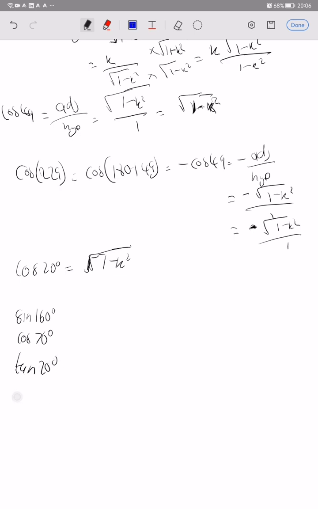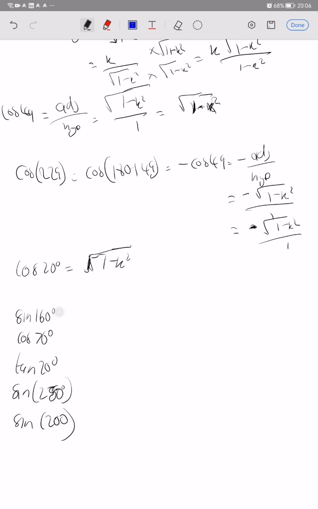Find sine of 250. Find sine of, let's say, 200.